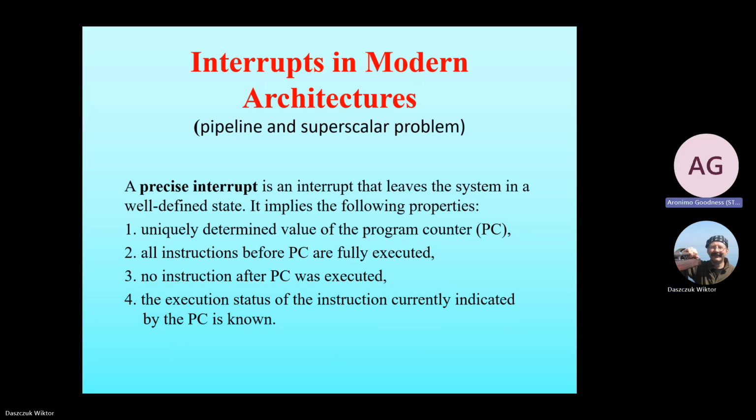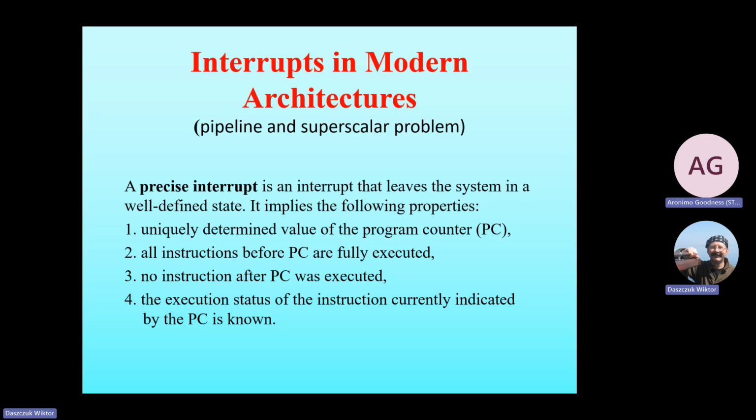So 100 instructions are in progress at any time of program execution. We are never in a situation between instructions. We always have a number of instructions on the way.